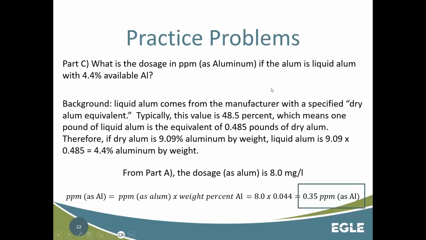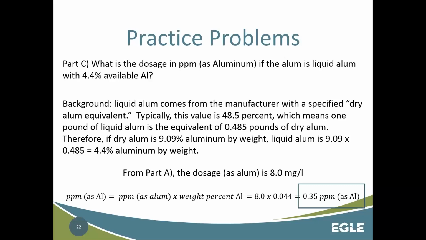The final step of this problem: what is the dosage in ppm as aluminum if the alum is liquid alum with 4.4% available aluminum? Liquid alum comes from the manufacturer with a specified dry alum equivalent. Typically, this value is 48.5%, which means 1 pound of liquid alum is the equivalent of 0.485 pounds of dry alum, about half.